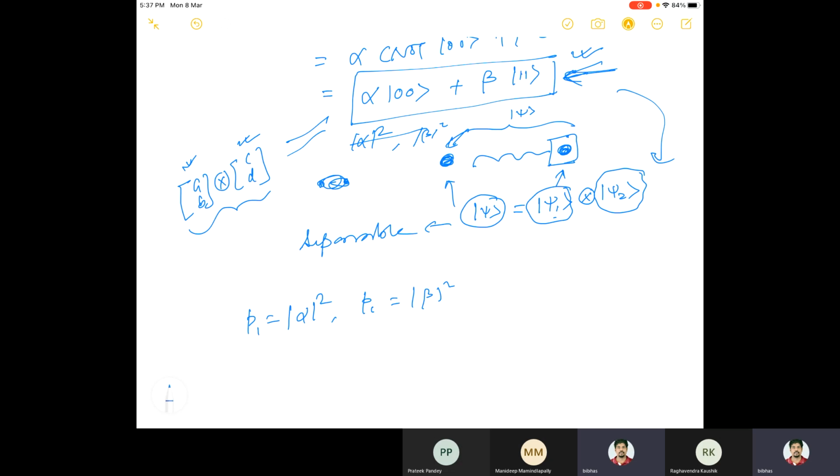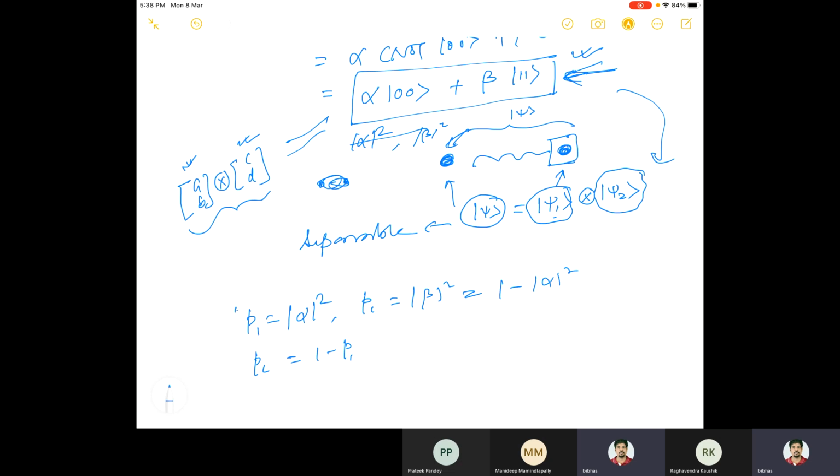For example, if I use the notion of Shannon entropy, beta square can also be written as 1 minus alpha square because mod beta square plus mod alpha square equals 1. So P2 is nothing but 1 minus P1. Shannon entropy quantifies, in some sense, the amount of uncertainty.